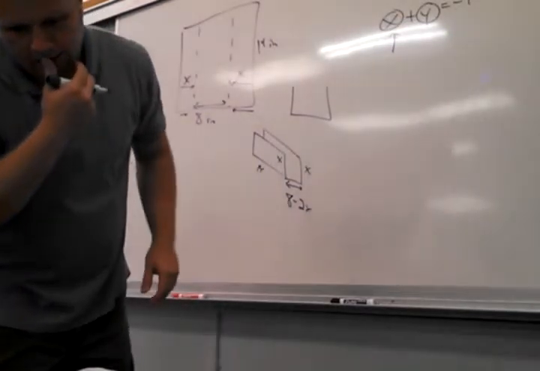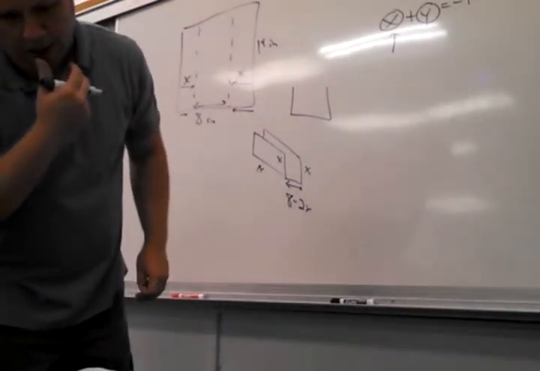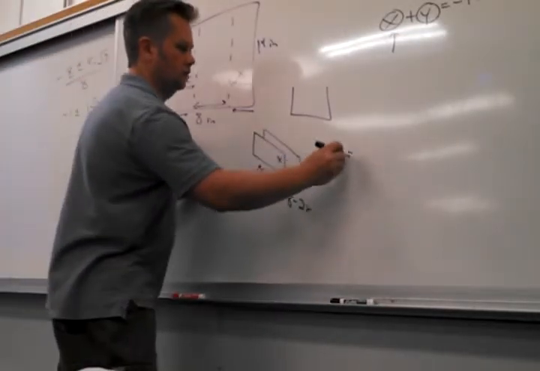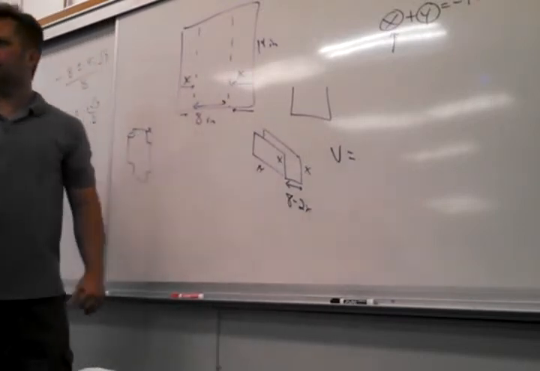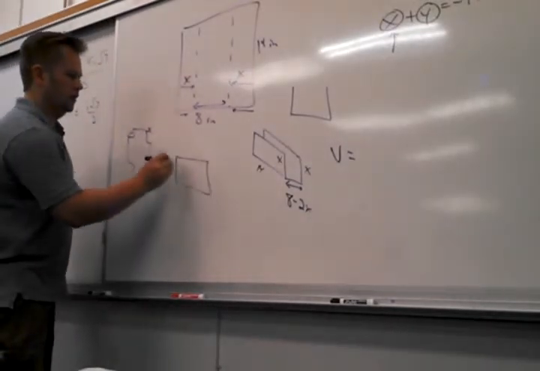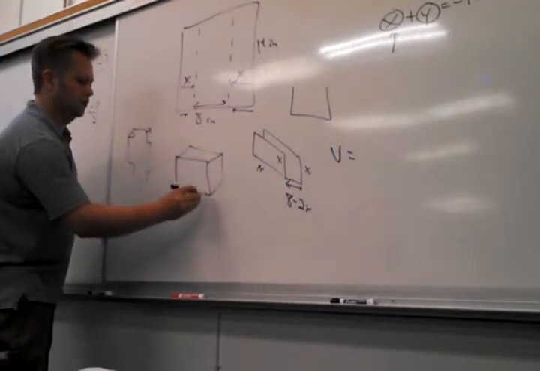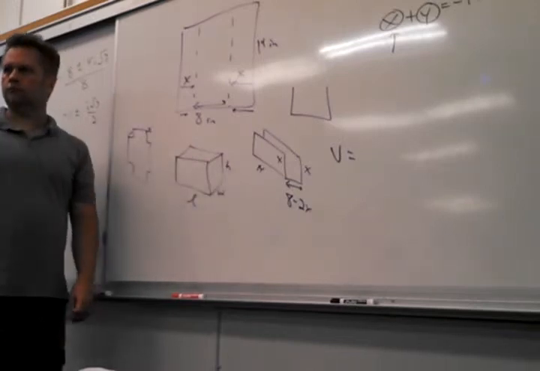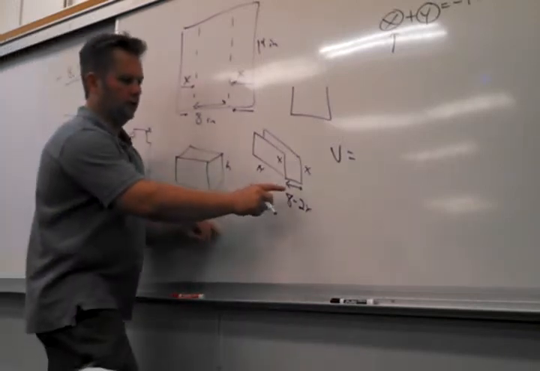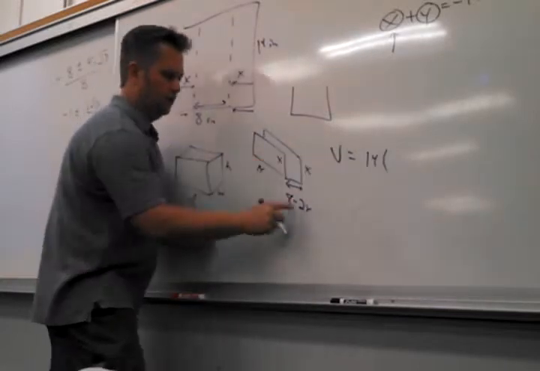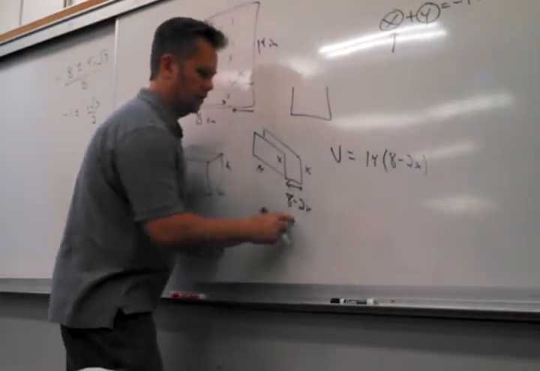And then they ask, how tall should the file be in order to maximize the volume? So how much volume can this thing hold? How do you figure out the volume of this? Length times width times height, right?